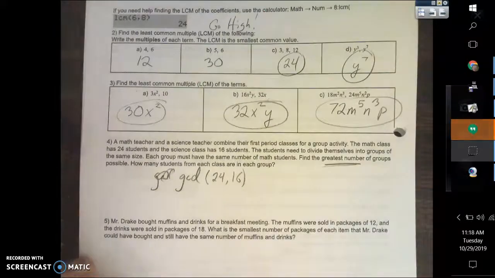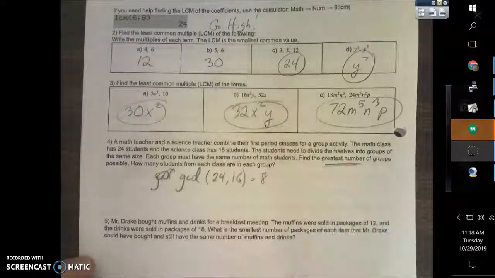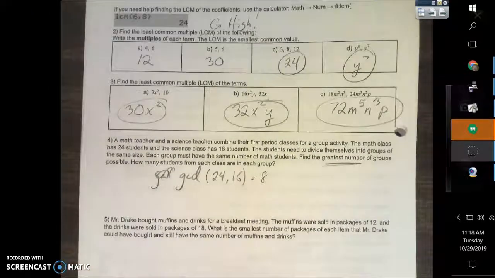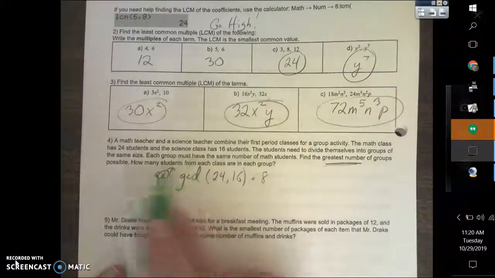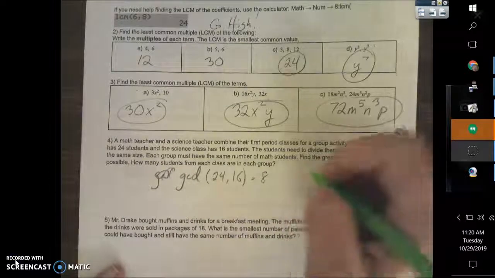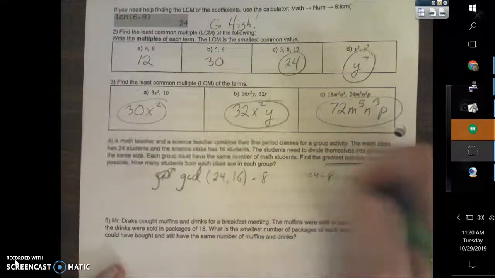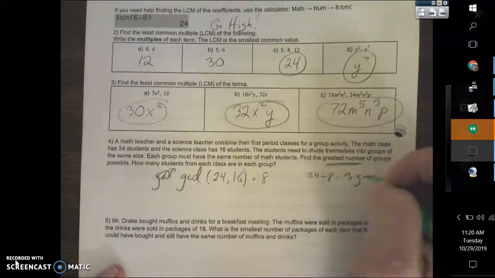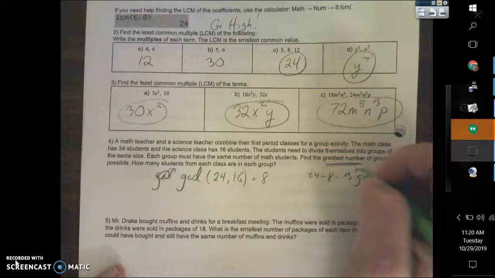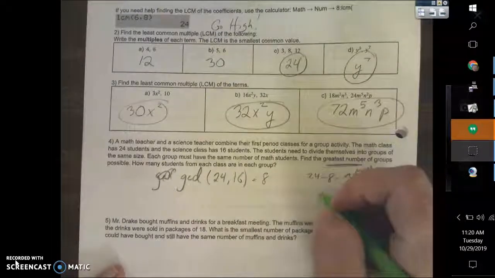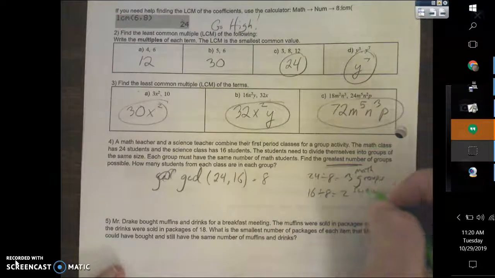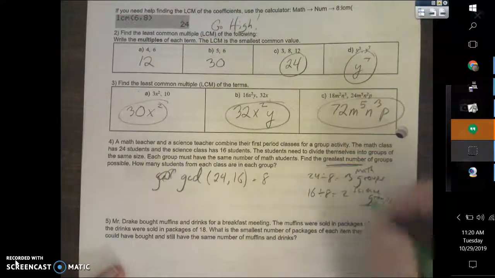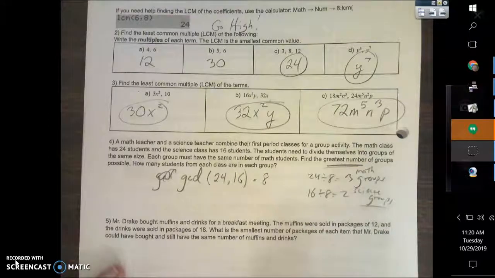So 8. My GCD is 8. Because I have 8, I know I can divide my 24 math students into 3 math groups, and then I can divide my 16 science by 8 to get 2 science groups. So we're all good there.